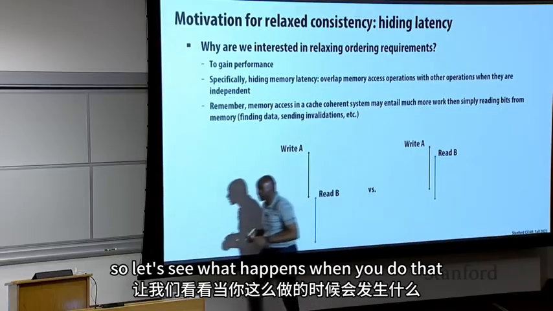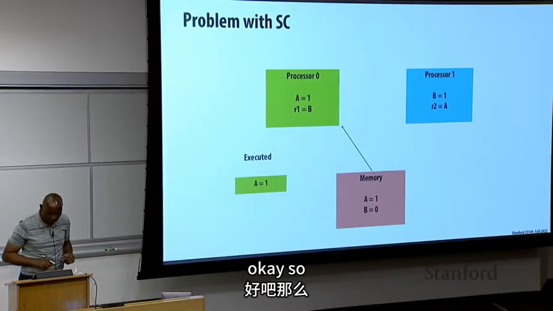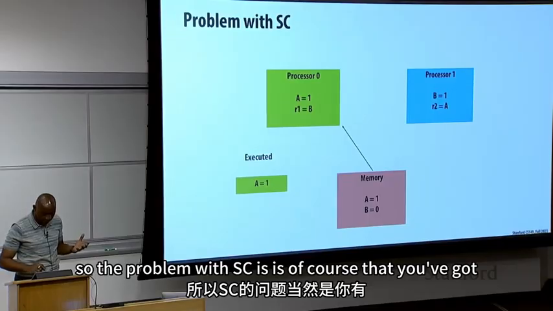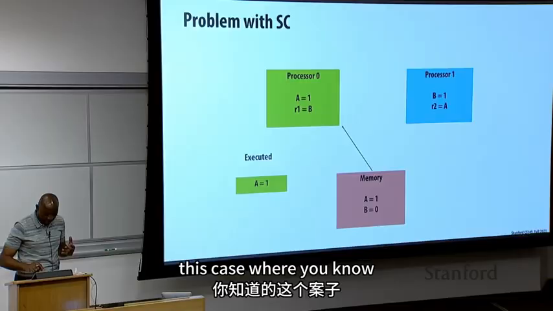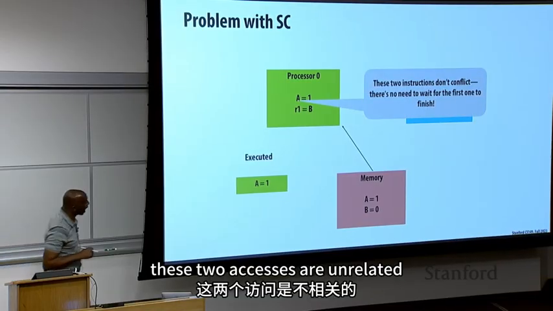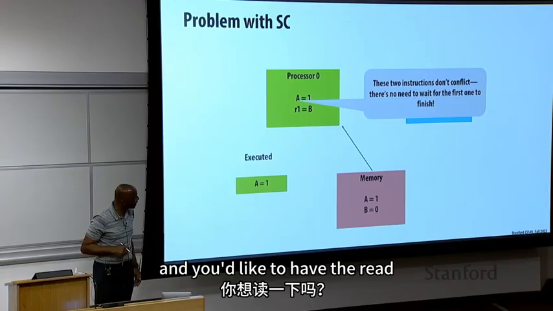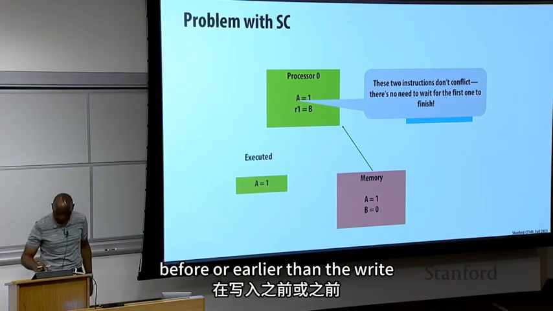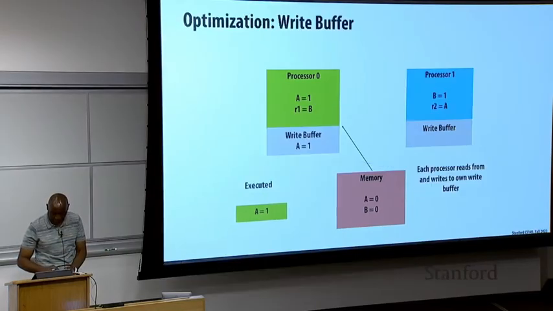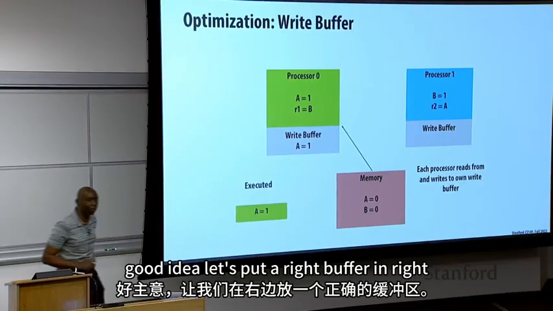Okay, so let's see what happens when you do that. The problem with SC is of course that you've got this case where these two accesses are unrelated, and you'd like to have the read happen earlier than the write, because the write is going to take a long time. Somebody said write buffer. Good idea, let's put a write buffer in.